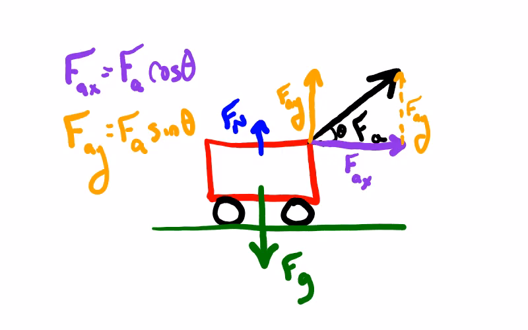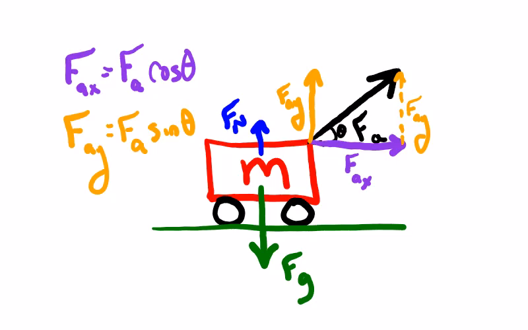And then other things that we can figure out. Let's say that this had some particular mass to it. So this has a mass. Then I could figure out what the acceleration of this object is, because it has a horizontal force of FAX to the right. That would be the only net force that would actually accelerate this thing.